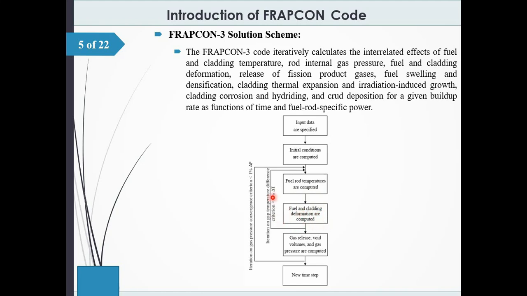If the criterion is less than 1% of the temperature difference, the code goes to gas release, where void volume and gas pressure are computed. If this algorithm is okay, the code goes to the next time step.